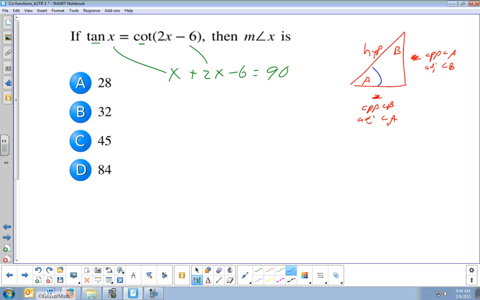Tangent A is this side over this side. Well, cotangent of B is not opposite over adjacent, it's adjacent over opposite.